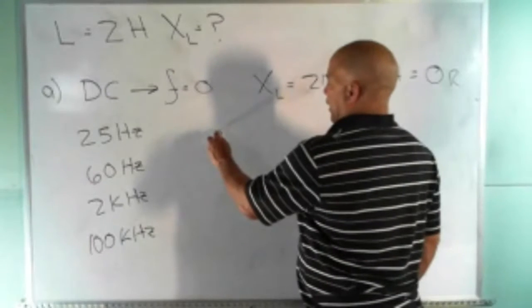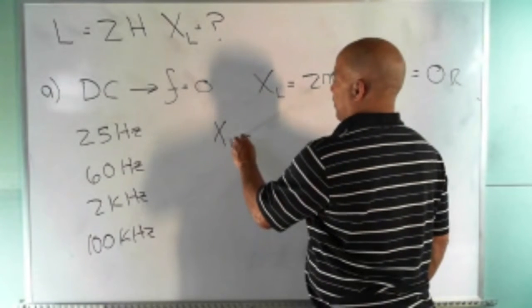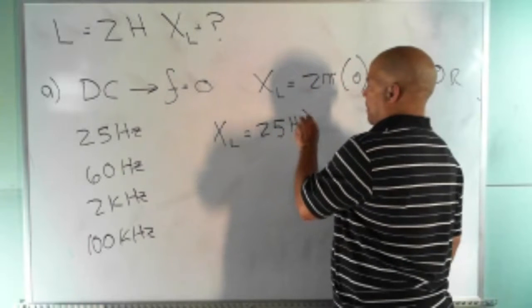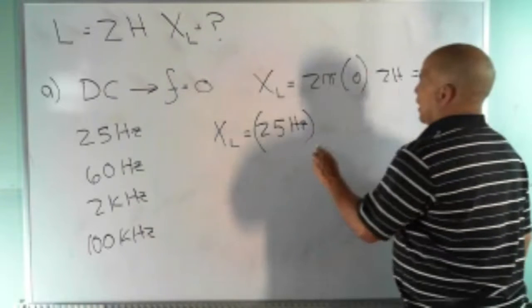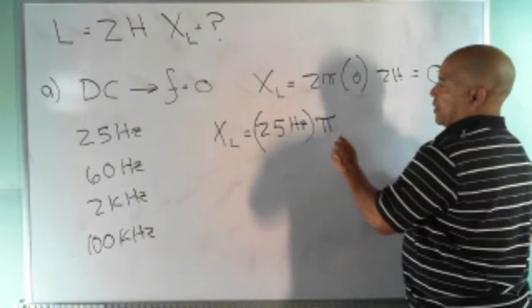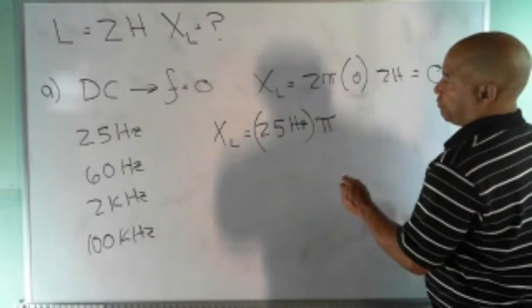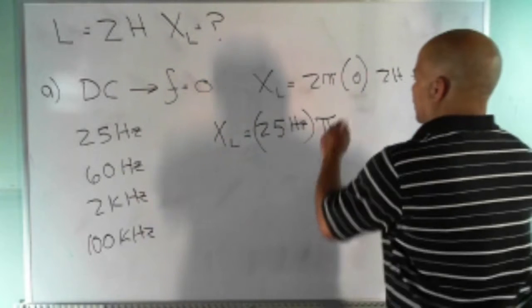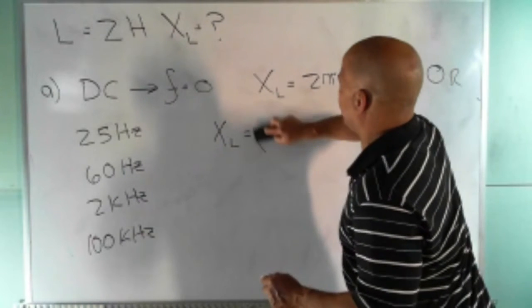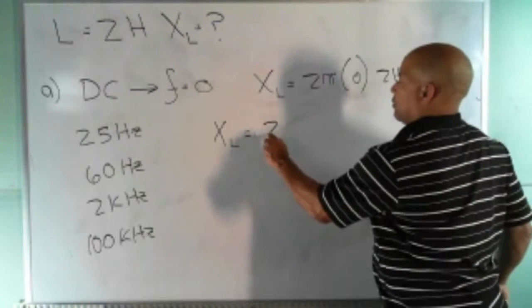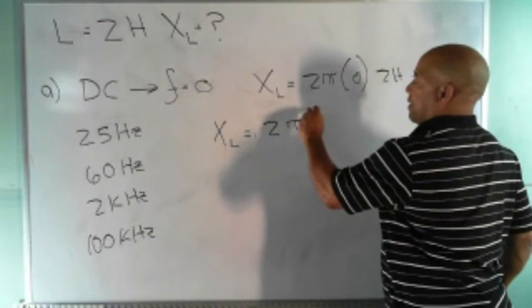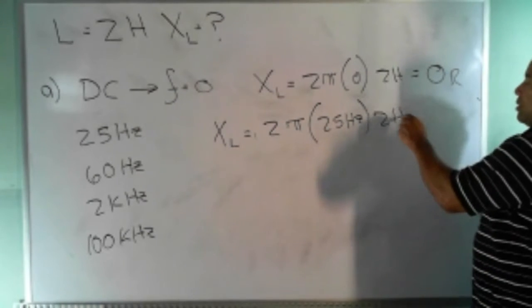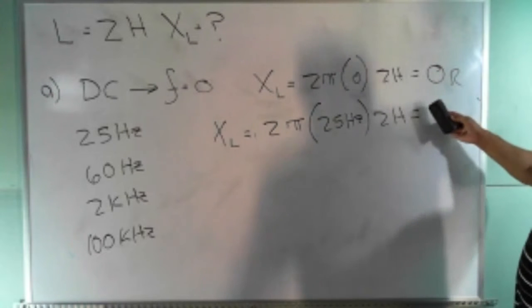For the next one, XL is 2 pi, my F is 25 hertz, my L is 2 henries. So anybody doing the calculations, what would this one be?